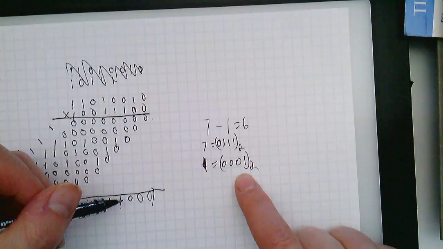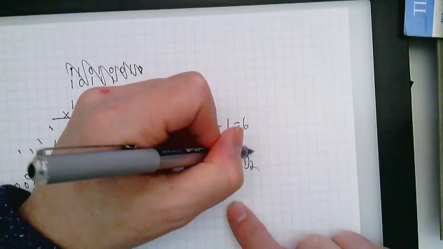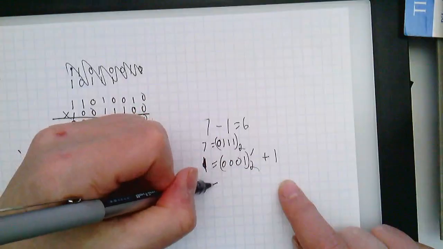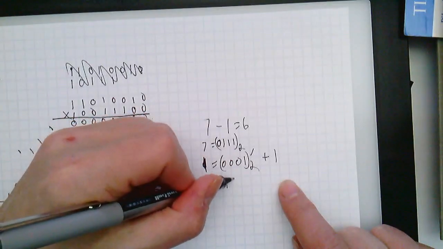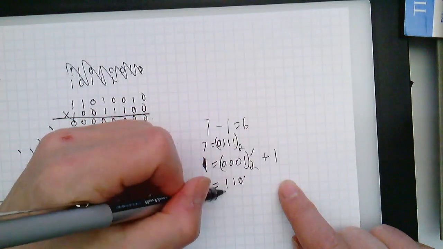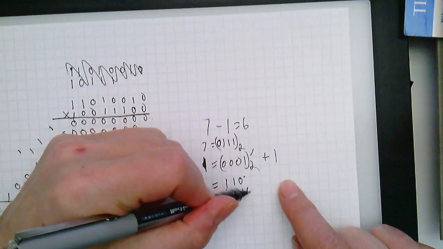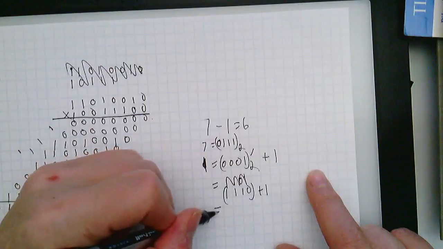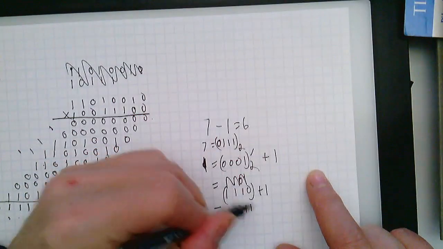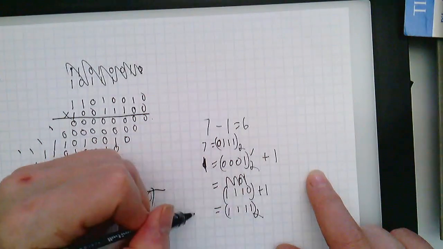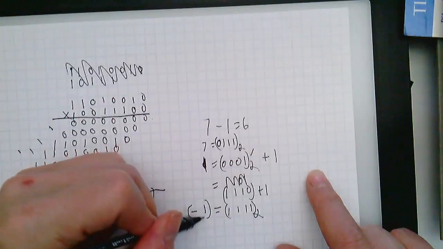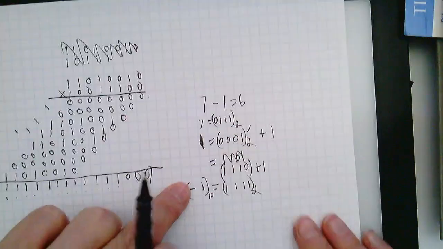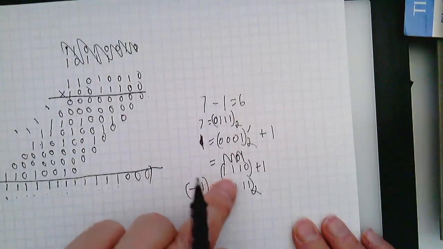And now I want to form minus 1. So I complement and I increment, and what I get is 1110, plus 1, which equals 1111 base 2, so that's minus 1 base 10 using 2's complement.